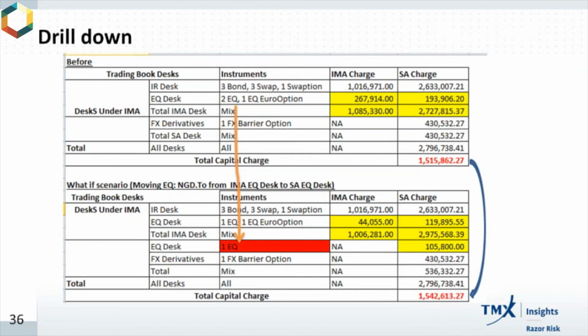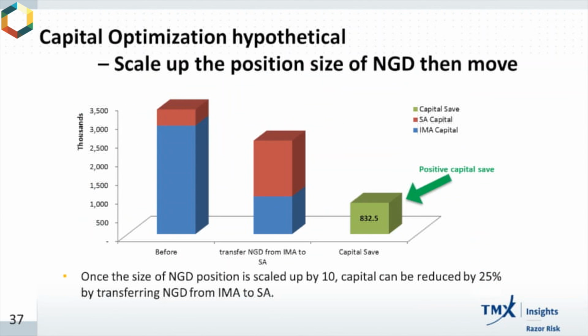Okay. Now let's take another try. We're going to scale up the position size of NGD, then move it and see what happens. And here are the results. This time, the decrease in IMA is much larger than the increase in SA.